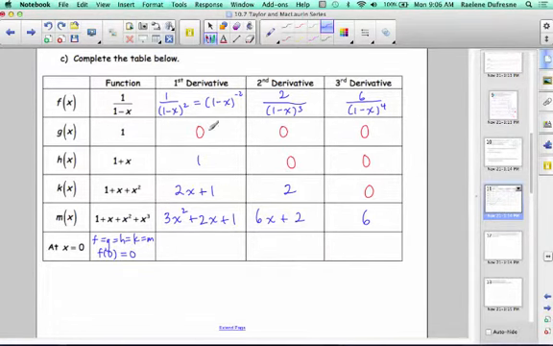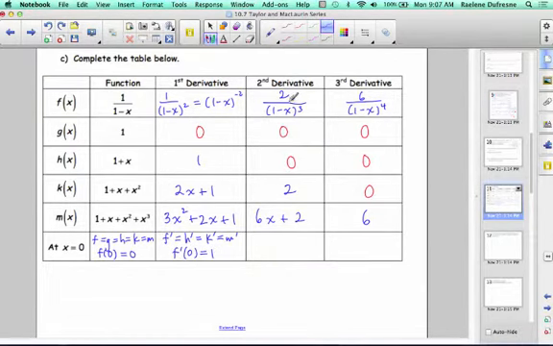In the second column, for the first derivative, we see that when x is 0, f prime of 0 is 1 over 1 squared, which is 1, and so will the h prime, k prime, and m prime. So we have f prime equals h prime equal to k prime equal to m prime, which is a value of 1.